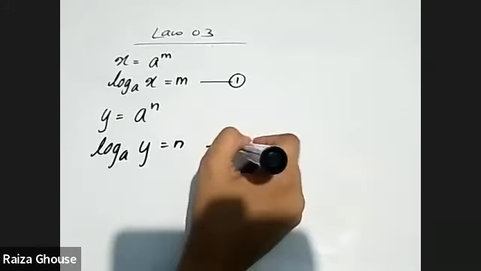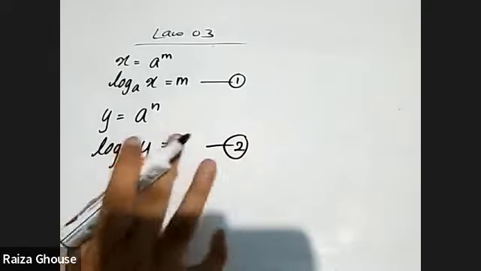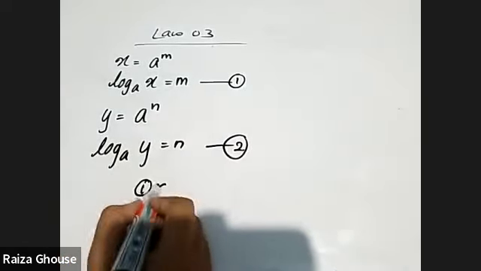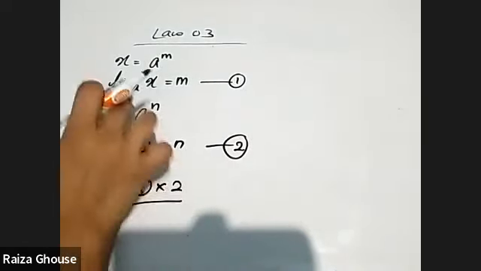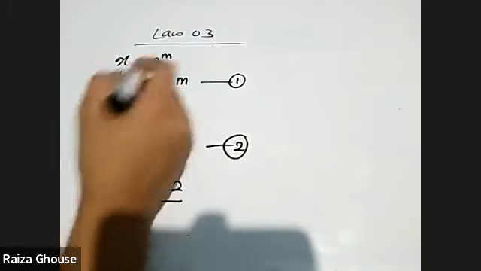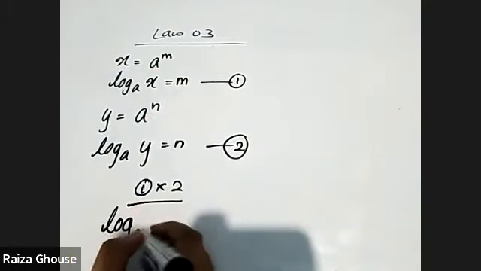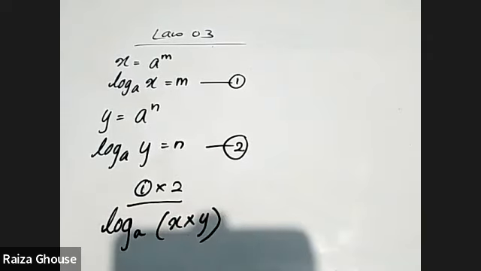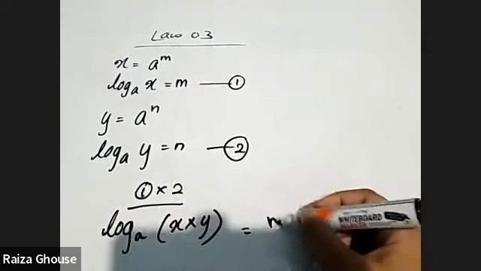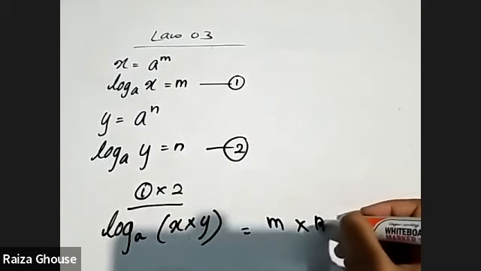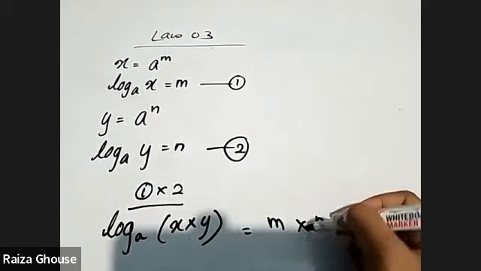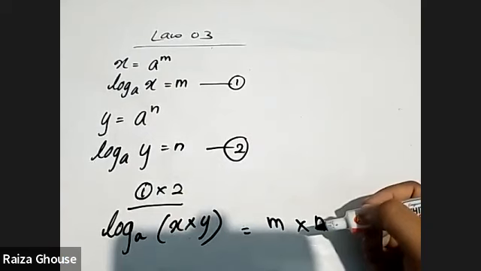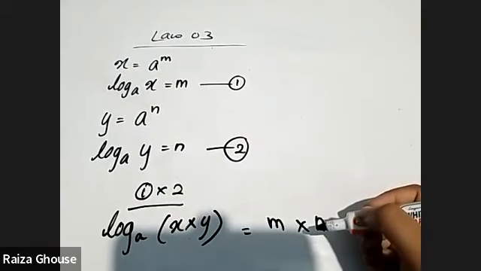This is my second. Now I'm going to multiply 1 into 2. That means log a is common, x into y on this side, m into n on this side. The base is a, you don't want to mention that.